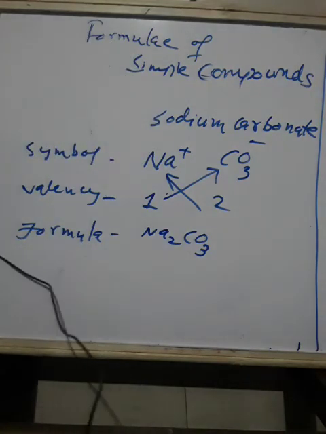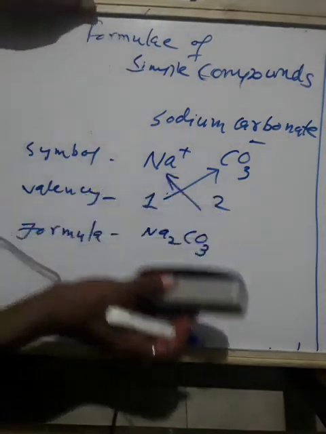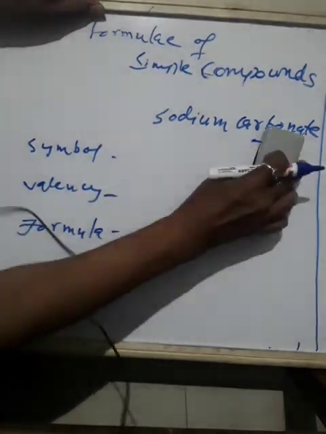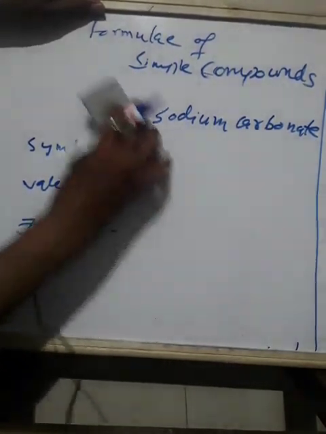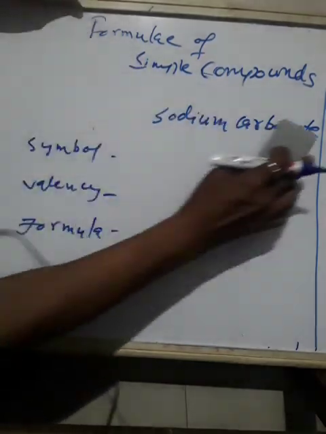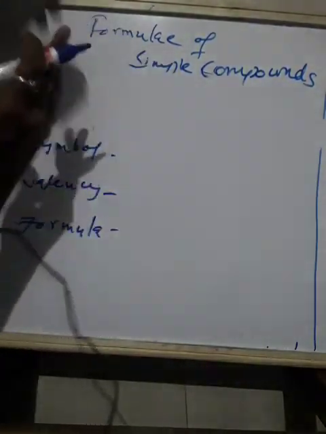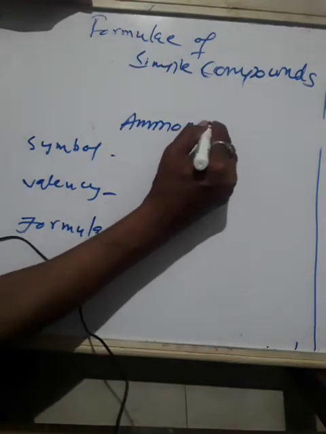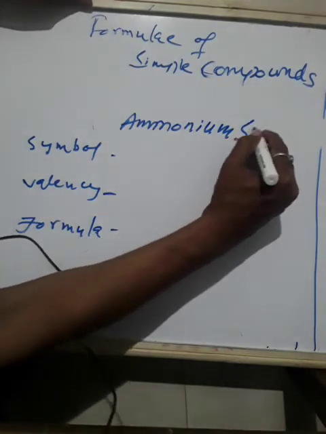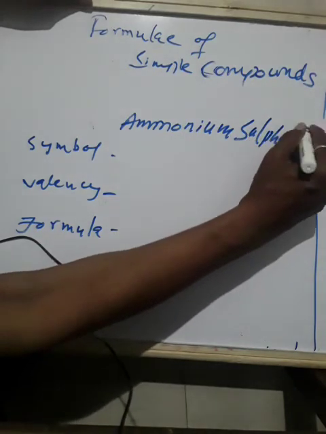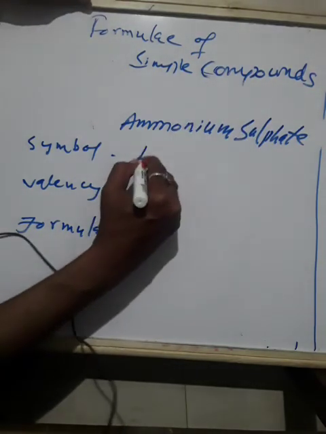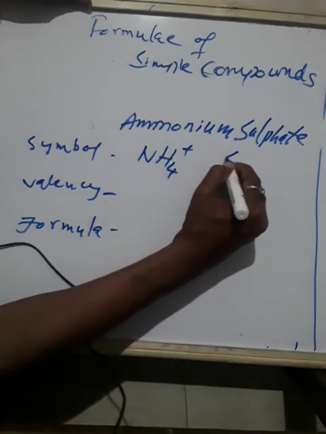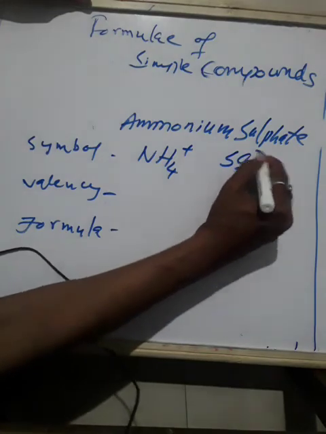Okay, next we will write one more formula, ammonium sulfate. Ammonium symbol is NH4 plus, sulfate is SO4 with a minus charge.